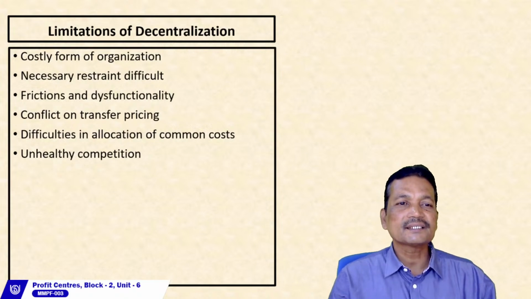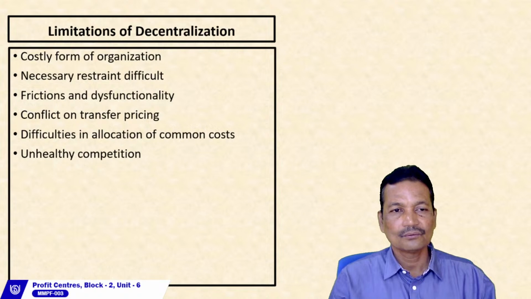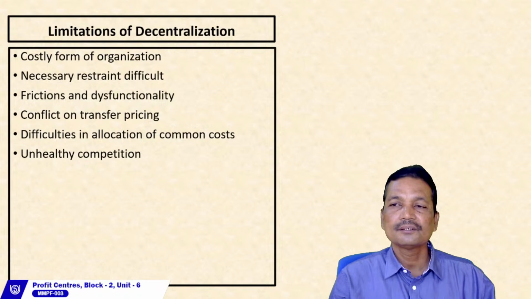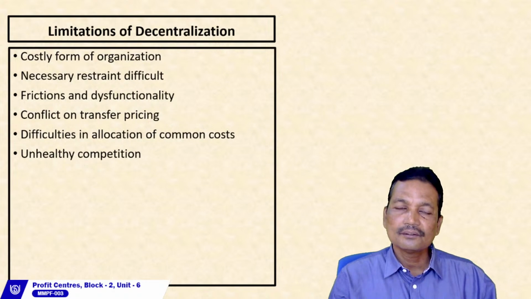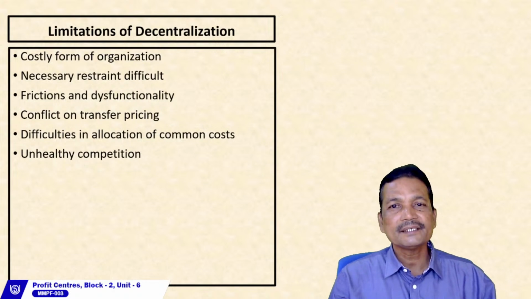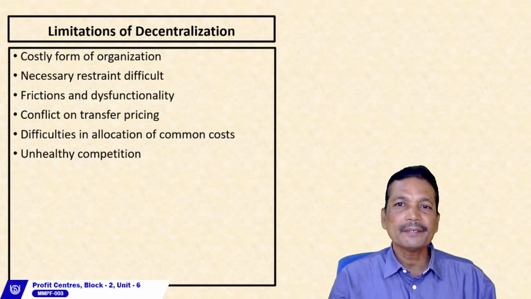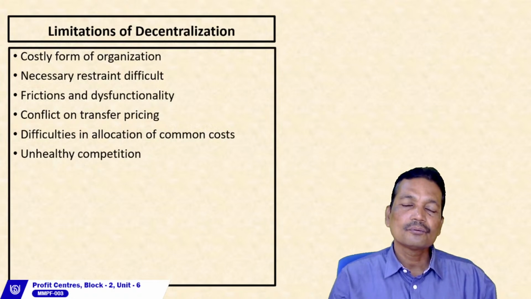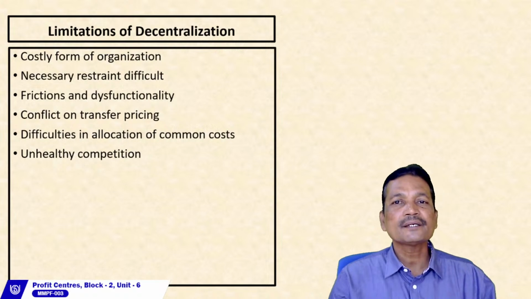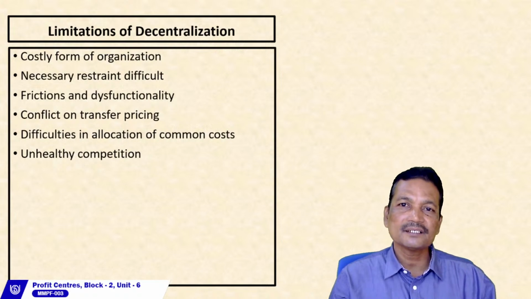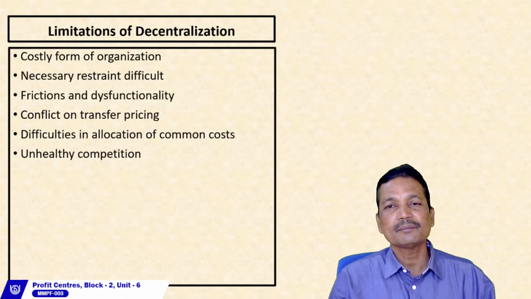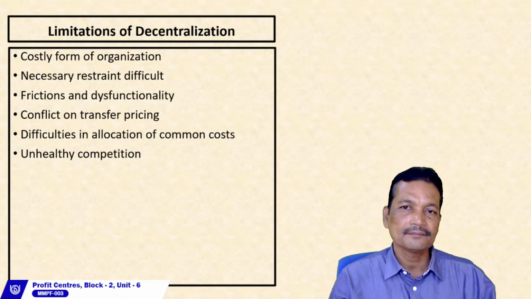Necessary restraint is difficult. What is this restraint? Now suppose the top management or managers at the top level have a habit of entering into the domain of the profit managers' area or a particular divisional manager's area.